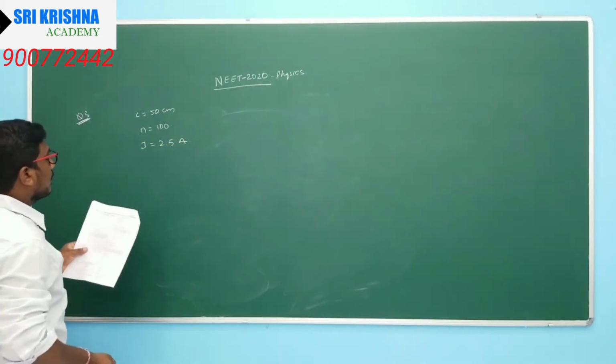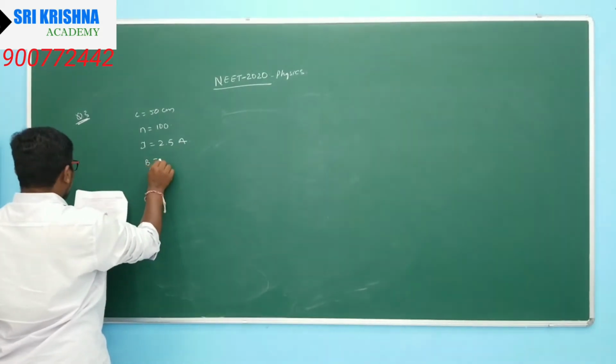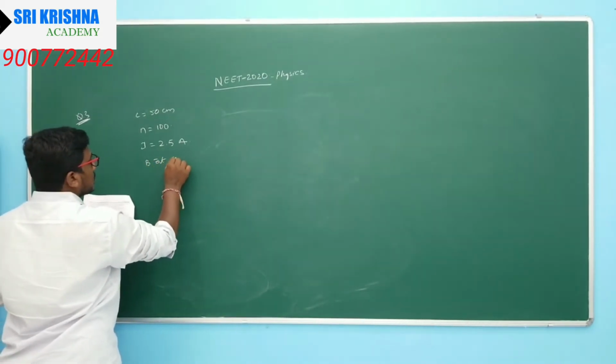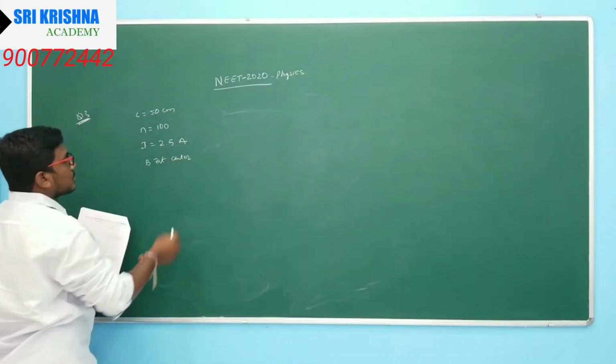Then what is the magnetic field at the center? So he is asking us to find the B value at the center. It is a direct formula based question.